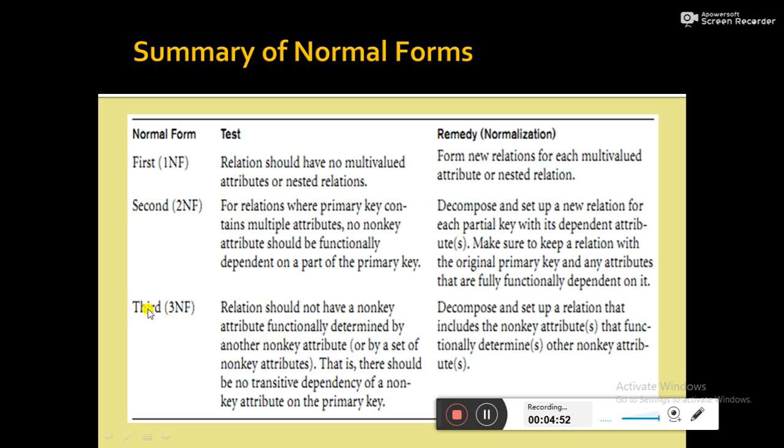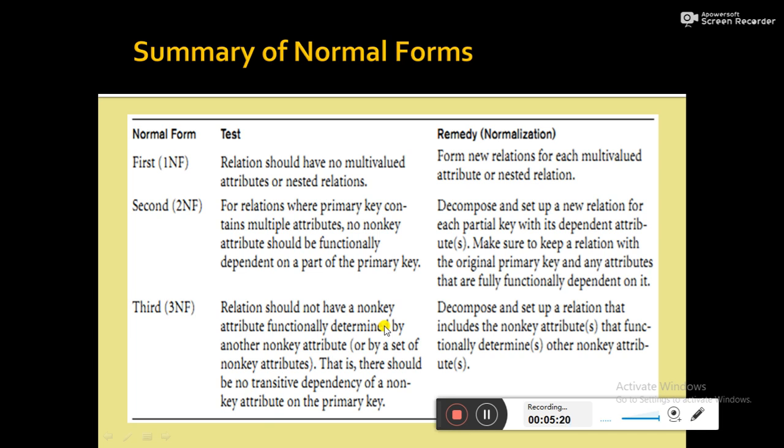And then what about 3NF, the third normal form? A relation R is in 3NF if it does not have a non-key attribute functionally determined by another non-key attribute. That means a relation R is in 3NF if no non-prime attribute is functionally dependent on another non-prime attribute.